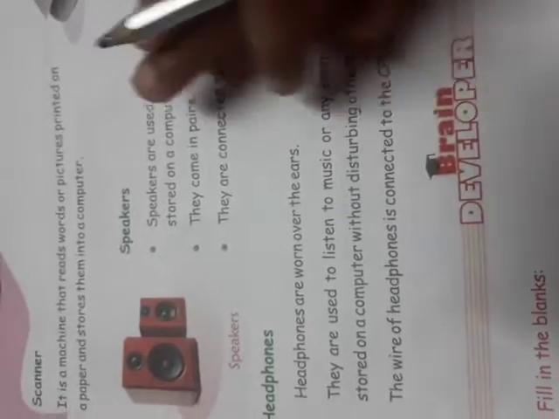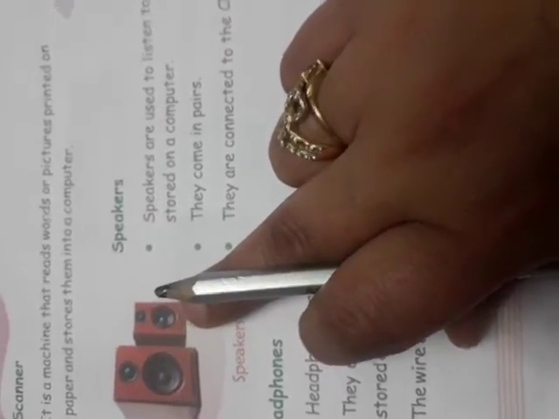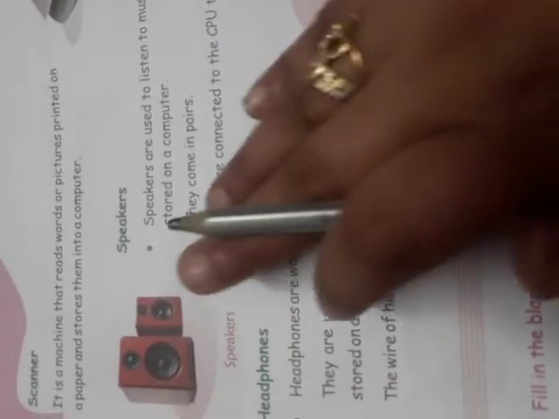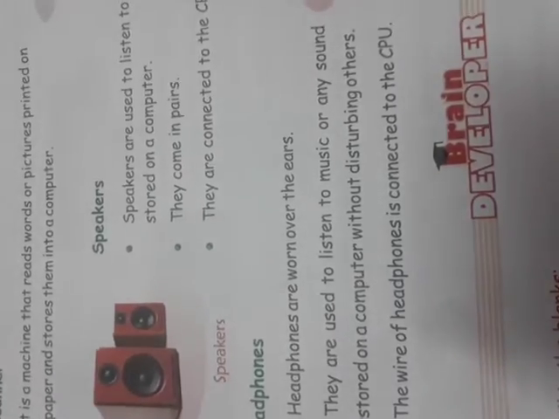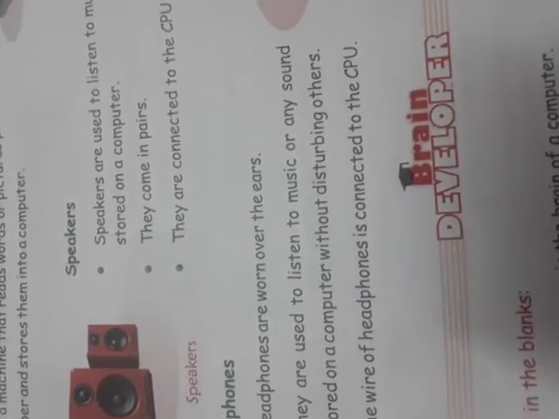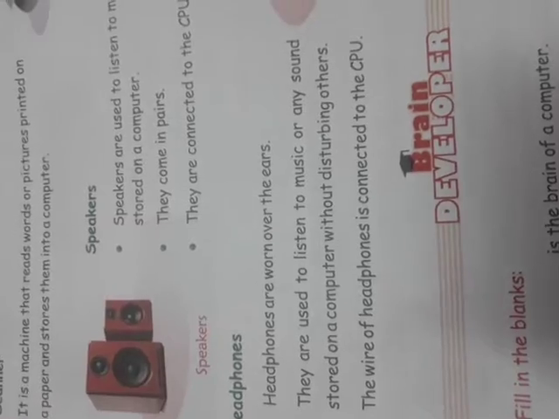So what will you do? You will scan this page. Scanner will read these words and pictures and store it in the computer for you. But printer gives you whatever is already in the computer on the paper, right?